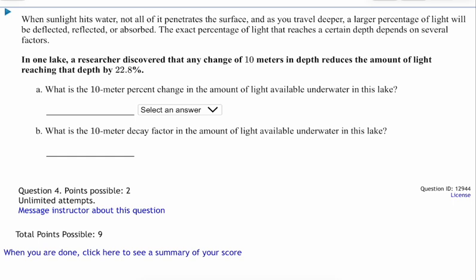I don't know what your number says, but it might be 22.8 like me. Think about the fact that it's going down by 22.8%, so make sure you make that negative. And then make sure you're picking percent.